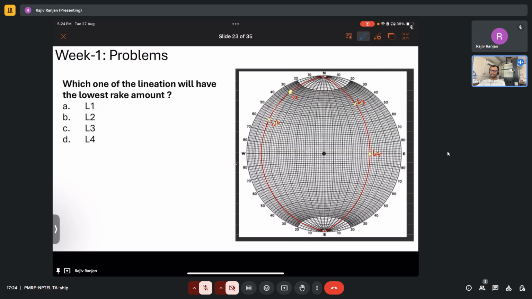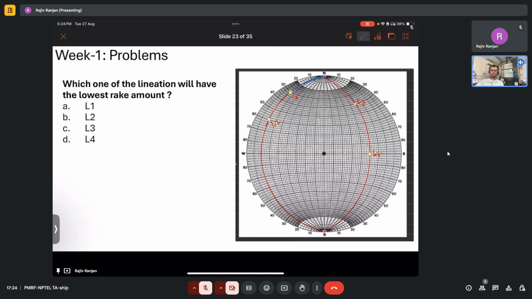Which one of the lineations will have the lowest rake amount? What do you think? Now I told you how to measure rake, right? We measure on the fault plane from the north, from the strike direction. So 10, 20, 30, right?